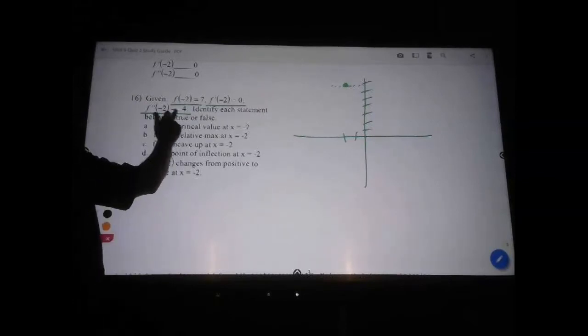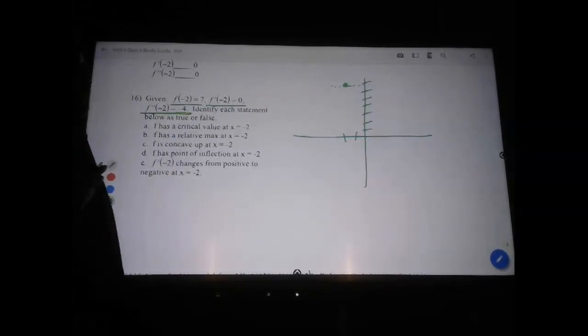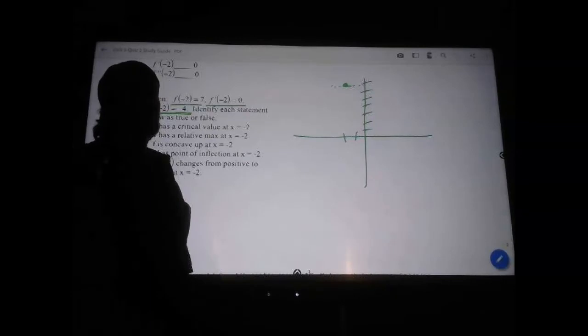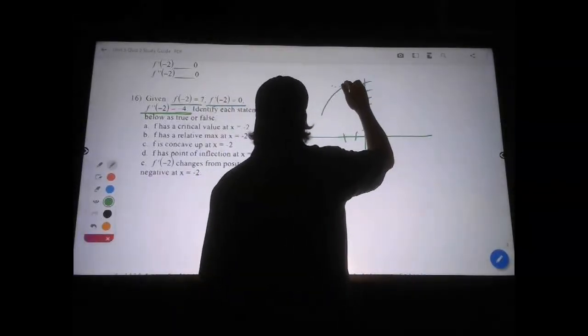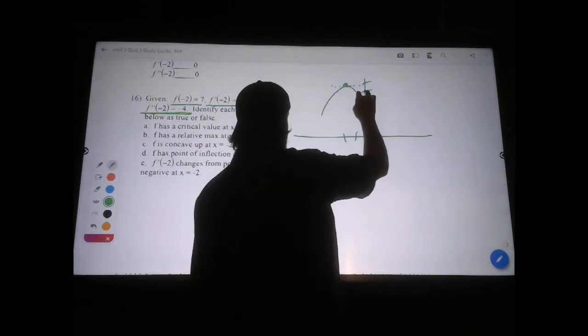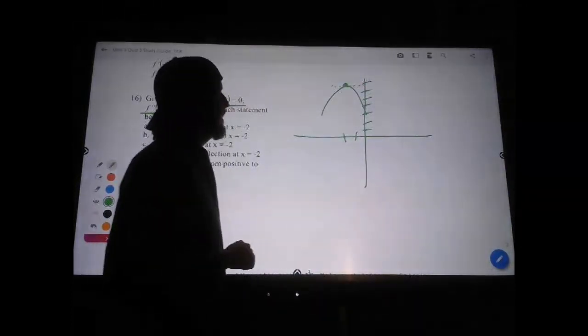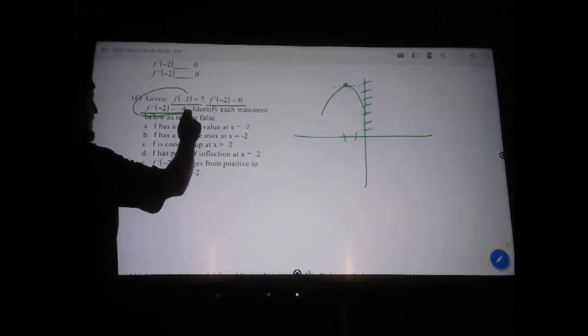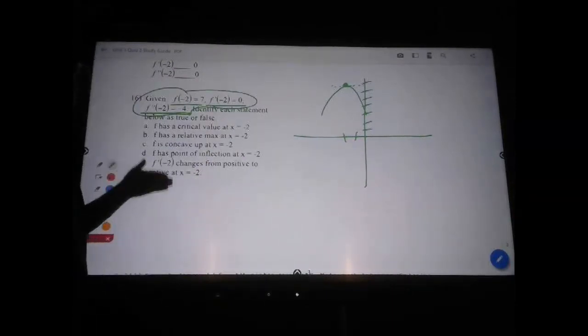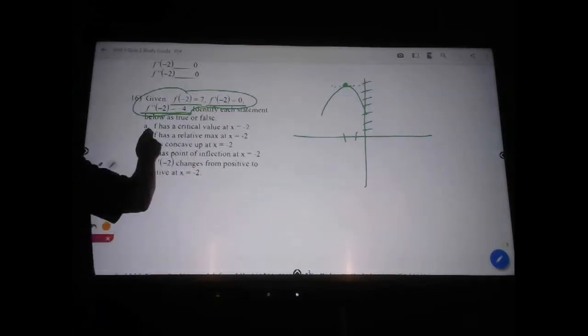Now it tells us here that the second derivative is -4. So if my second derivative is negative, I've got a concave down graph at that point. So if that's going to be a min or a max, and this is concave down, it would look something like this. There's probably more to that graph, but that's all that I know based on what they told me. Now I have to go through and decide, are these statements true or false?